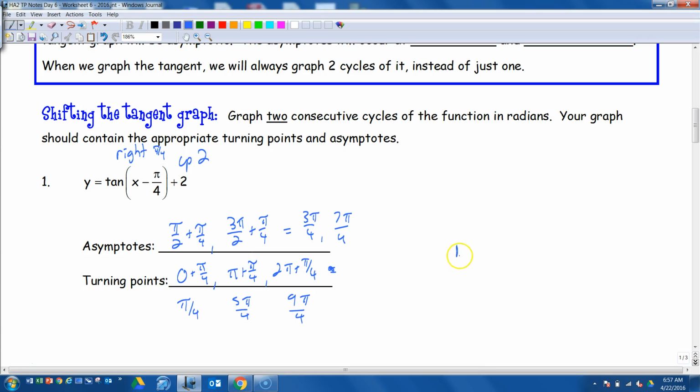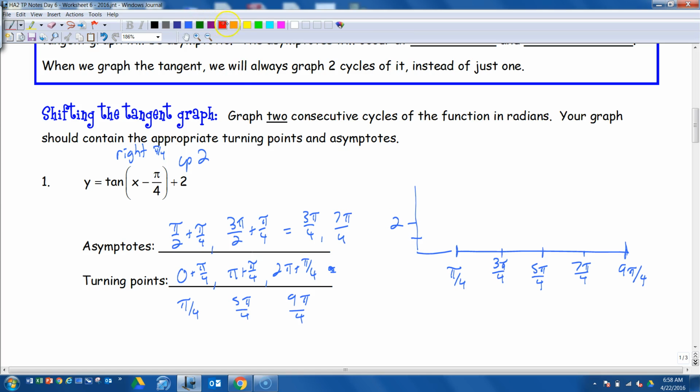So here's pi over 4. And what's nice about this is you don't have to really figure out an interval because all the points are given. The other place where it's a turning point is 5 pi over 4, and then the asymptotes are at 3 pi over 4 and 7 pi over 4. Alright, so that's the graph. And then the other thing we need to note is that the graph is shifted up 2.